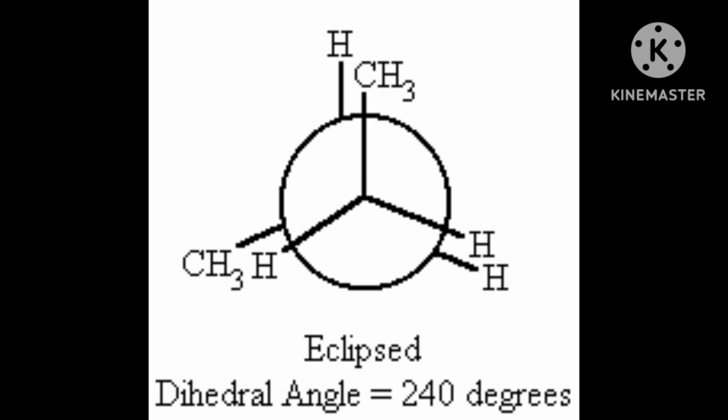I will tell you some names of these compounds, and then you will understand. What is the difference we already know? In alkane, ane is there, but in alkene, ene is there.